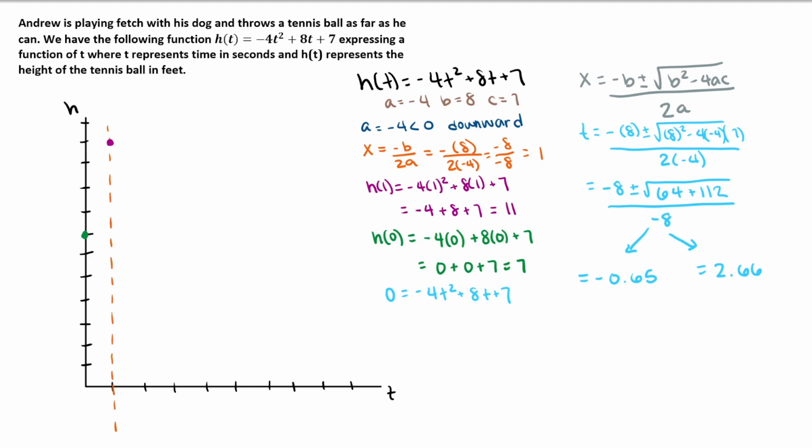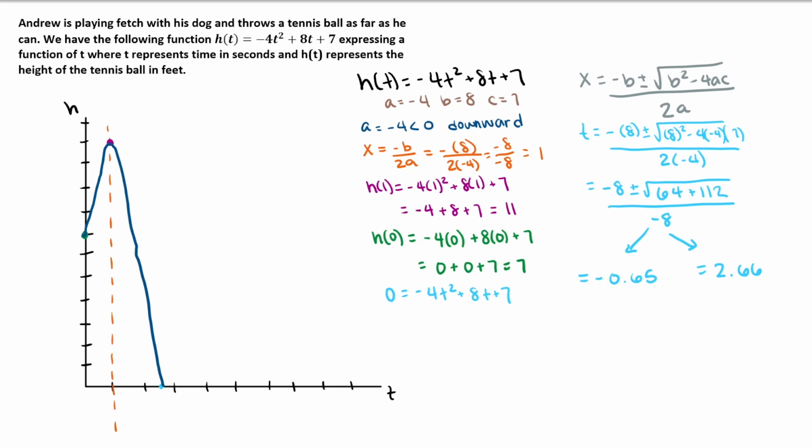So that's why our graph looks like this rather than using all four quadrants, because we must be positive in our time and we must be positive in our height. That also means when we look at our two x-intercepts, we cannot use the -0.65 because we cannot have negative time. So we can only use 2.66 because that's the only value that's valid for this scenario.